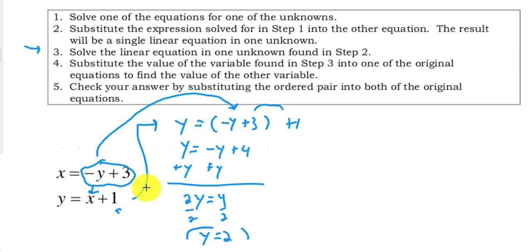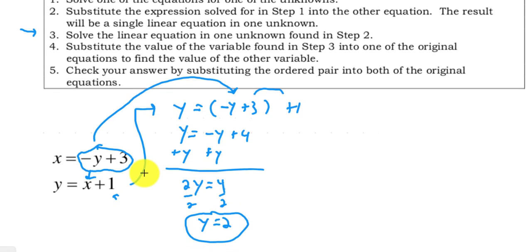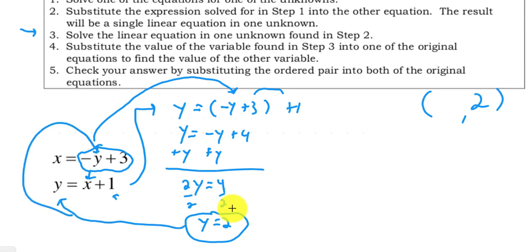So that's just part of my answer. That's not the whole answer. I need to get the ordered pair, so I know my ordered pair is going to have an x and a y. We know the y is 2. To find x, take y equals 2, and you can plug it in either here or here. It doesn't matter where.